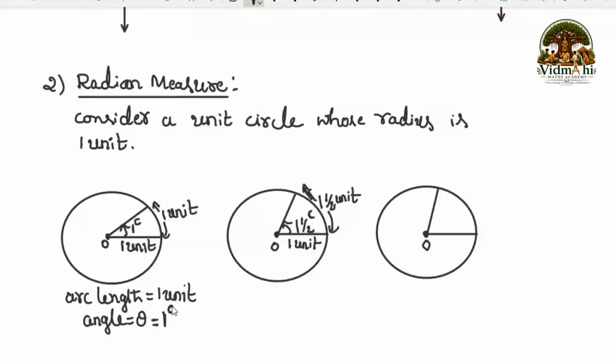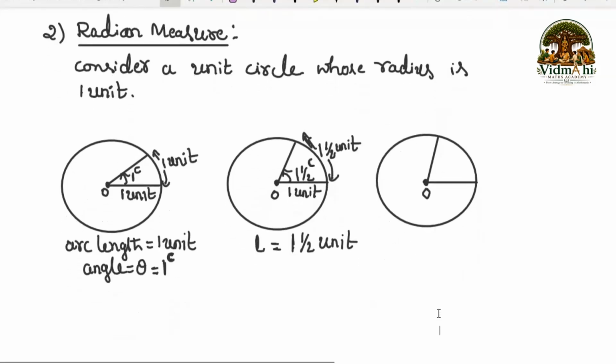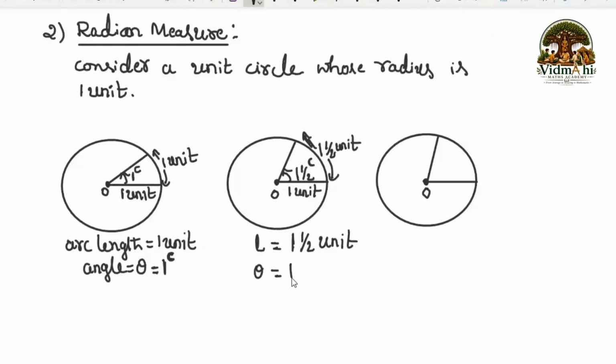Radian can be written in the form of c upper way, that is 1 power c, 1 radian. Now for the second diagram, the arc length can be written as L. L is equal to 1.5 unit, and angle theta is equal to 1.5 radian.